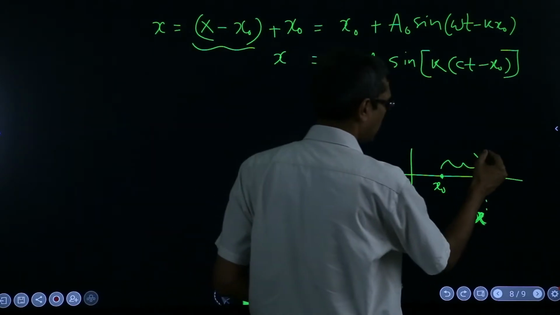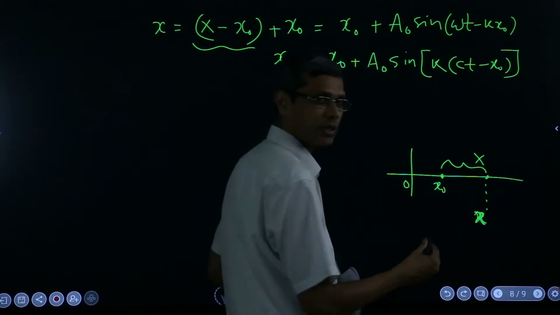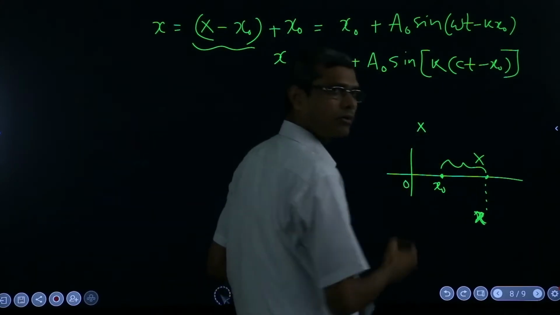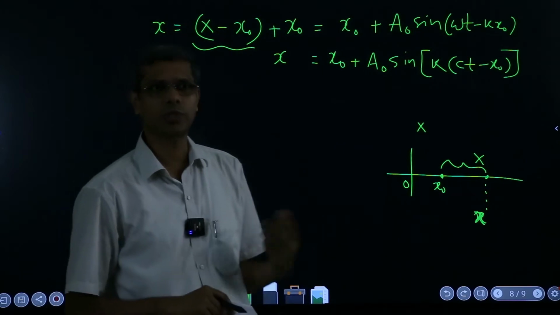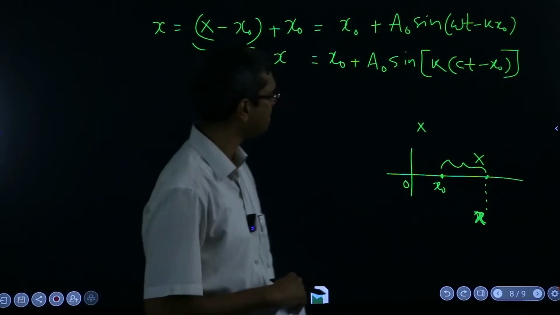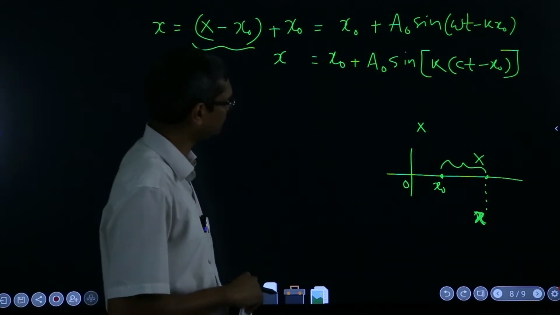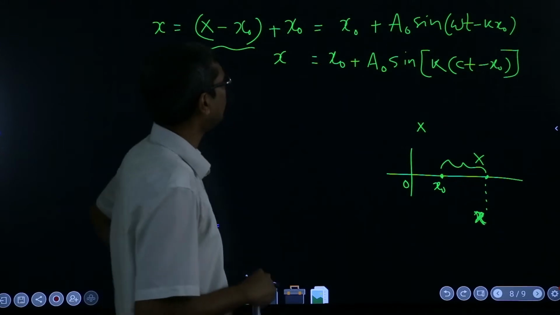Capital X is the Eulerian position, x minus x naught is the displacement. Capital X is the position, that is why this is the displacement.